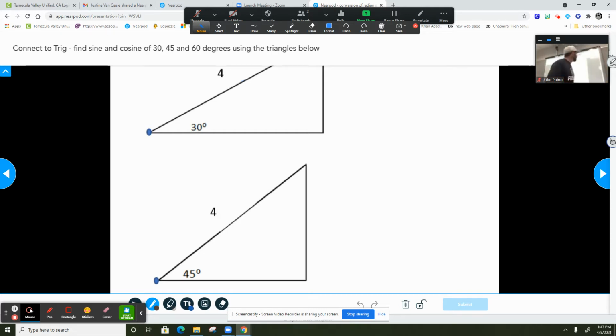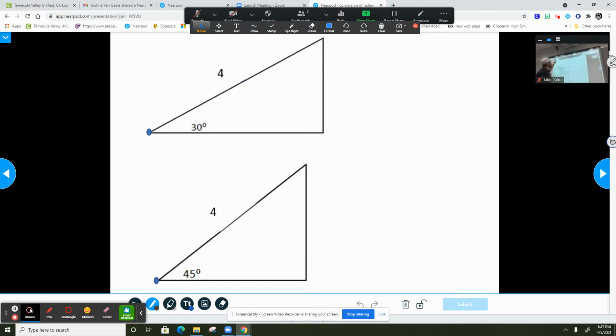So we have these triangles here. From yesterday, if we have a 30, 60, 90 triangle with a hypotenuse of 4, we know that the side opposite of 30 is going to be half the hypotenuse, and then this would be 2 rad 3.